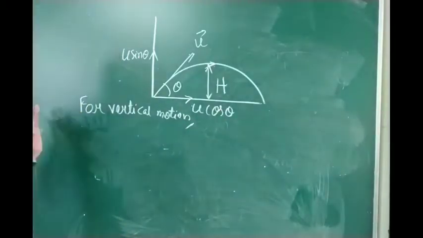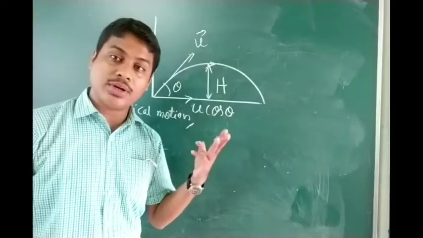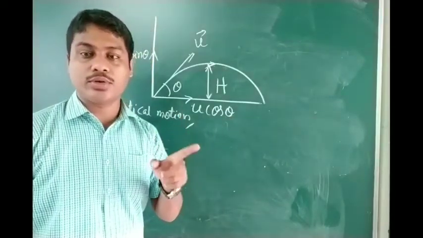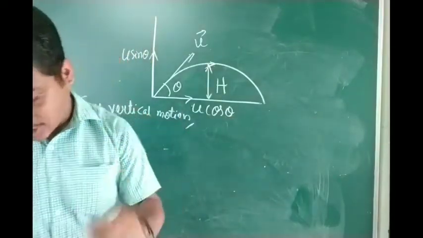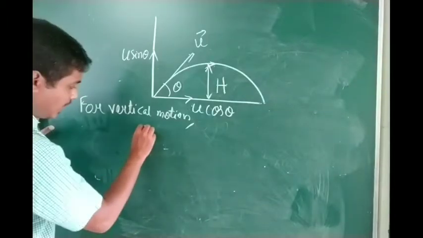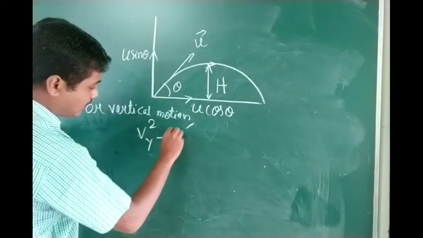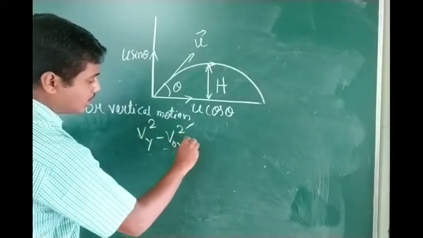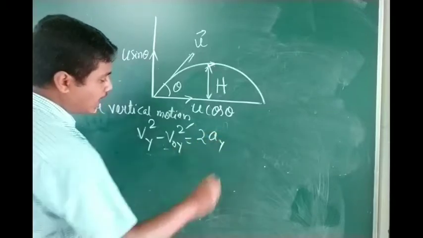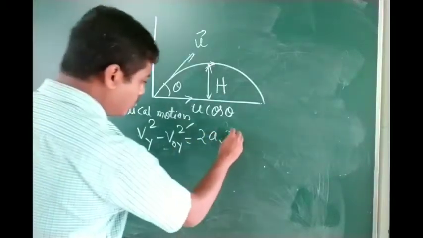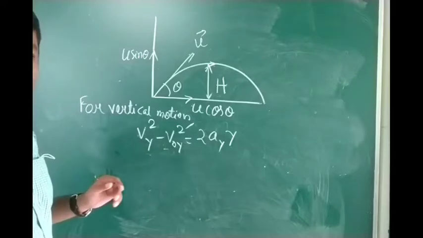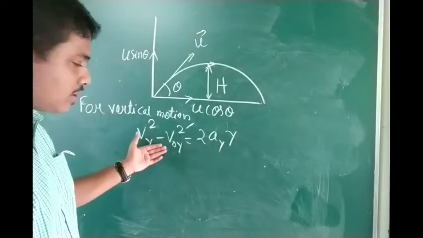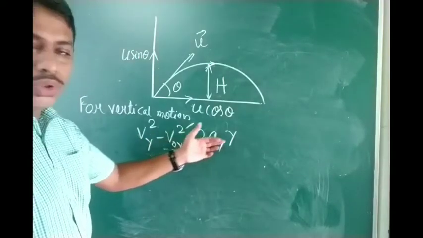So we need to use the third equation of motion, v squared equals u squared plus 2as.